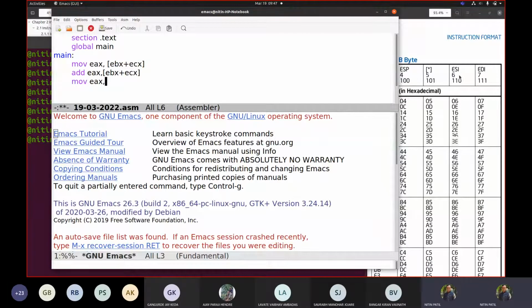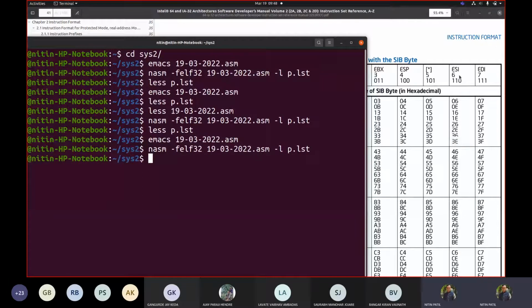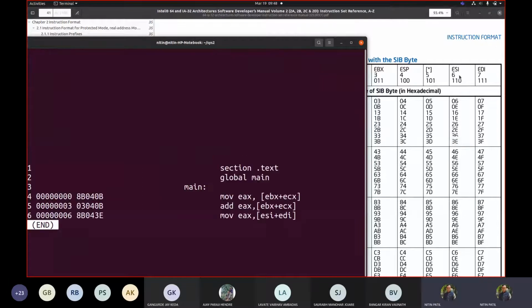Move EAX comma ESI plus EDI. Correct? ESI plus EDI. So we wanted 3E. Remember that. Can you see 3E?